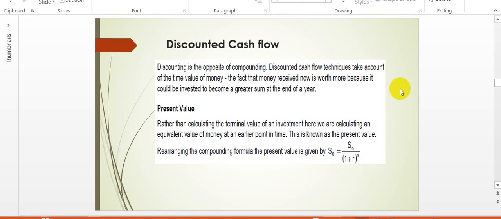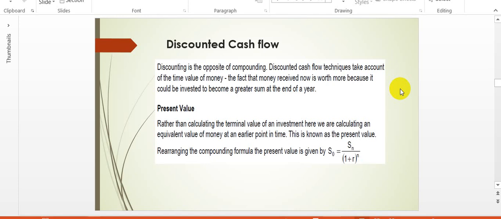So the same amount, 1,000, is worth much more now than a year's time from now. Money received now is worth more because it could be invested to become a greater sum at the end of a year.